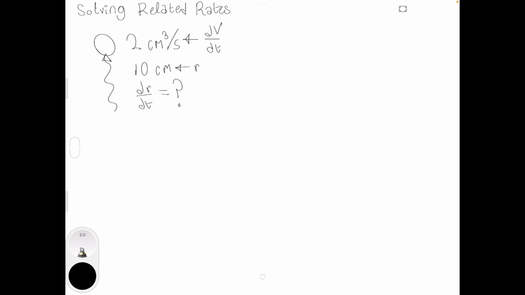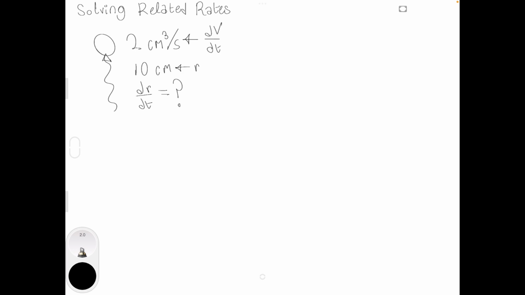The 10 centimeters is r, and the rate of change of radius, we don't really know. Then we already did this: we identified the rates of change that are known, the ones I pointed to with the little arrows, and the ones that are yet to be found, because each rate has to be a derivative, so that radius rate is yet to be found.